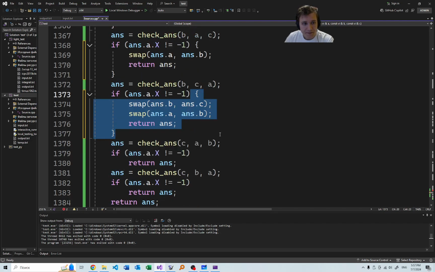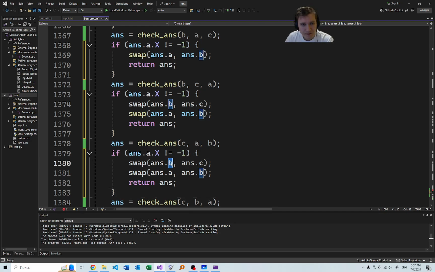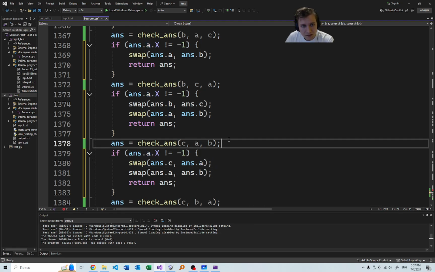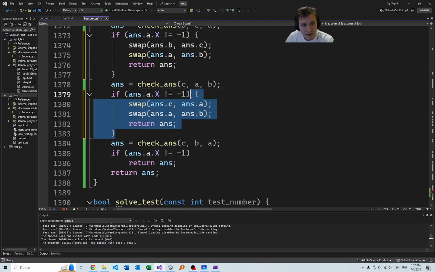Okay, here I have answers for C and B, so firstly I need to swap C and A. So now it's BAC. Finally CBA.